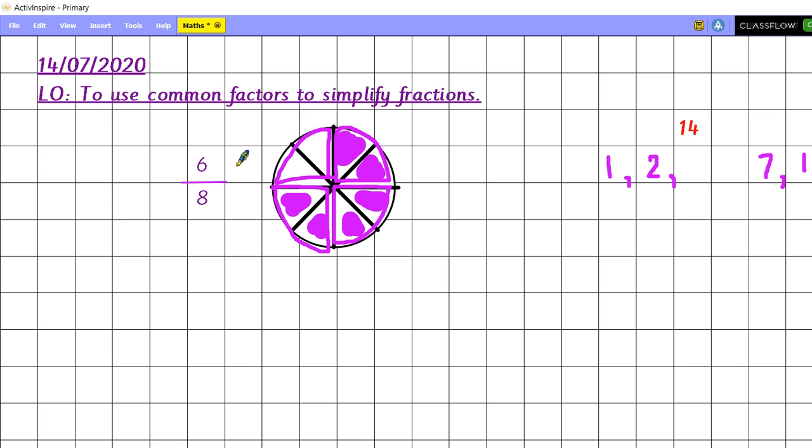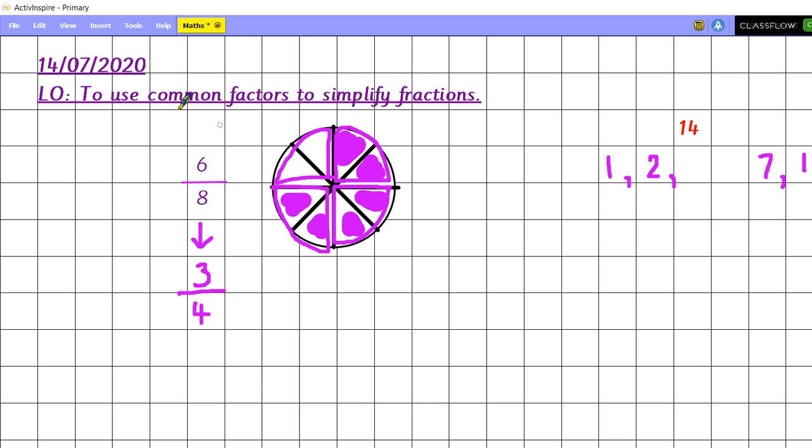So I've got 1, 2, 3 out of 4. Now I haven't done anything to that fraction. I have just simplified it. I've not shaded any more or any less. Okay. So 6/8 can be simplified to 3/4.